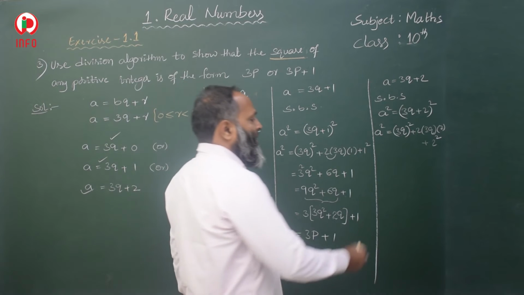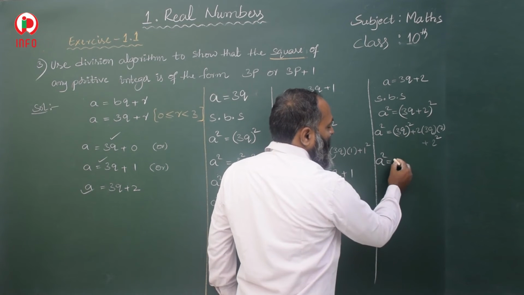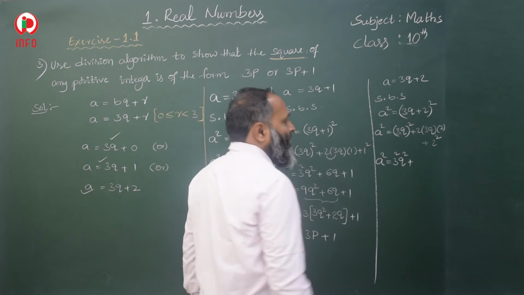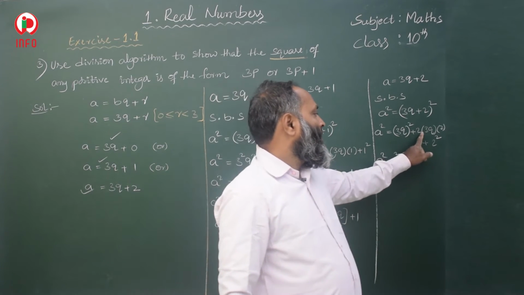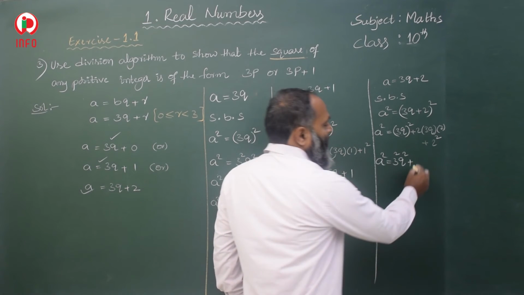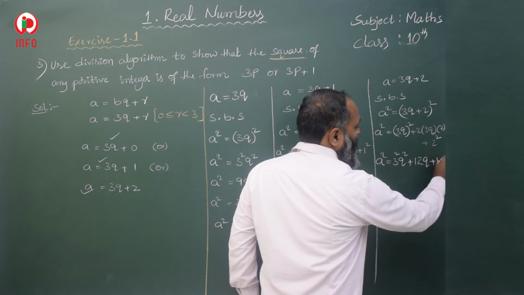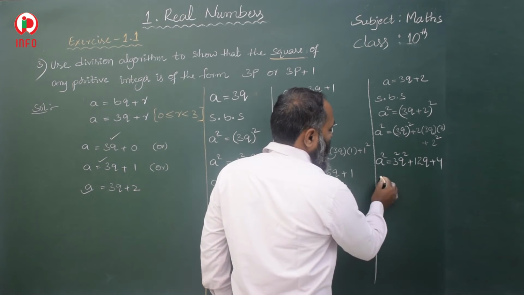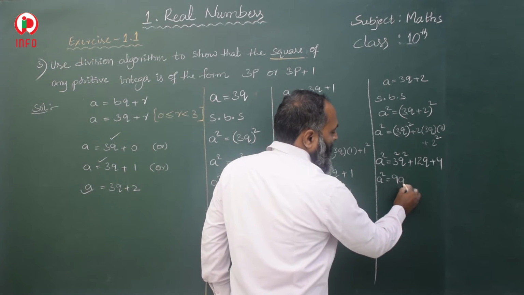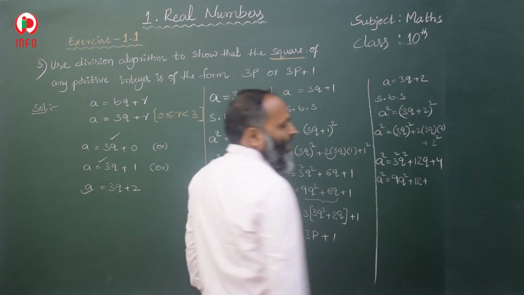Now a² = (3q)², that is 3² q², plus 2 × 3 is 6, 6 × 2 is 12, so 12q, plus 2² is 4. So 3² is 9, giving 9q² + 12q, and how can we take 4?